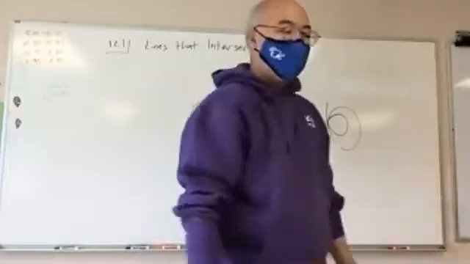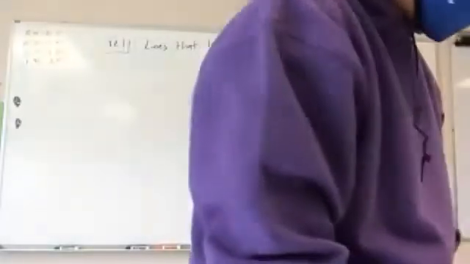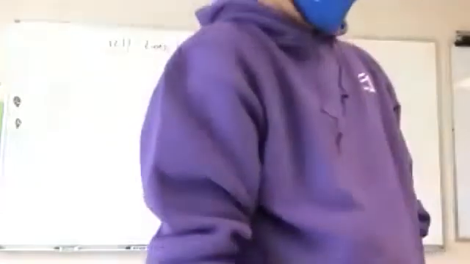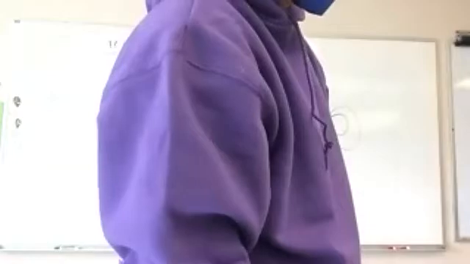Okay, all right. Example number 2. Find the length of each radius, identify the point of tangency, and write the equation of the tangent line. Okay. Well, okay, I'm not going to draw this.